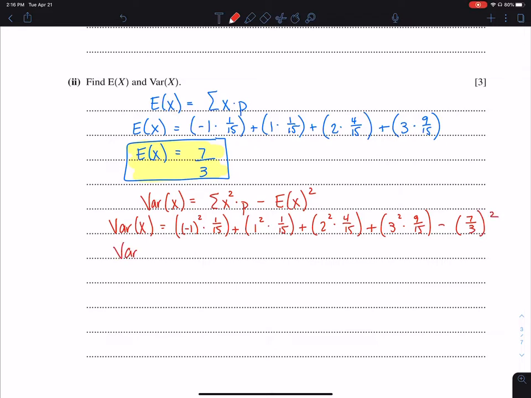And all you have to do is type that in. I do it in 2 parts and then I subtract it, but you can do it all at once if you want to. But you get 52/45. And for both of these answers, guys, I would not do 3 significant figures. I would just keep it as a fraction because it's cleaner and that's just another step that you have to do. So that is it.